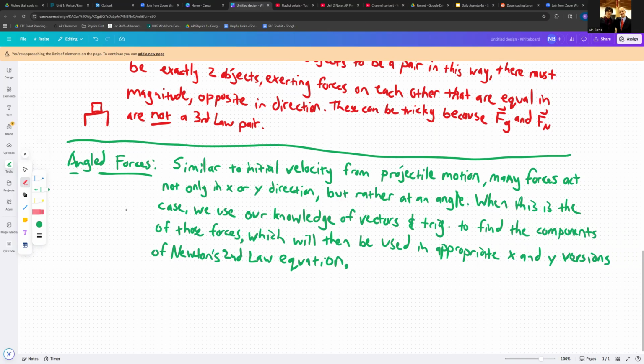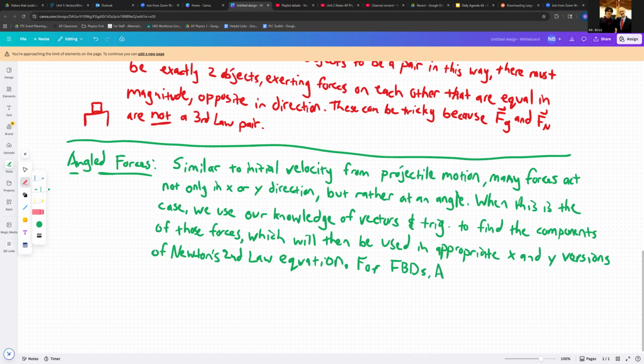One more reminder before we do is for free body diagrams, we're going to go ahead and abbreviate that FBD for free body diagrams.